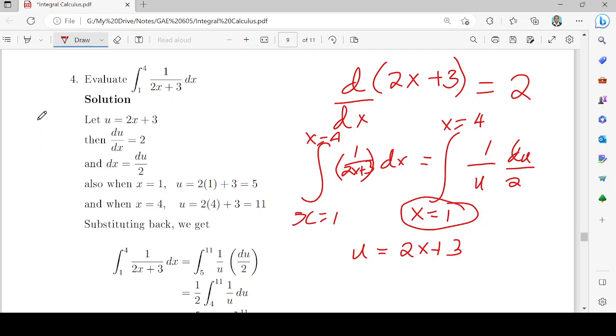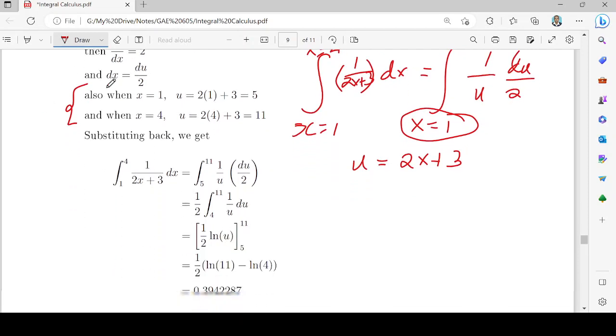So in this case, we transform the limits so that when we substitute, now we have the limit for u. u starts from 5 to 11. So this becomes a half integral from 5 to 11, then we have 1 over u du.